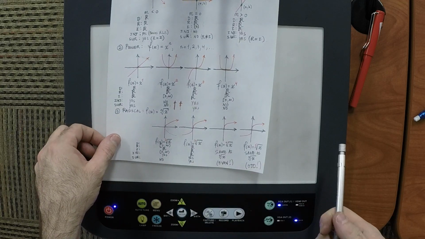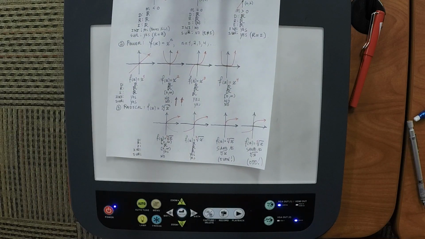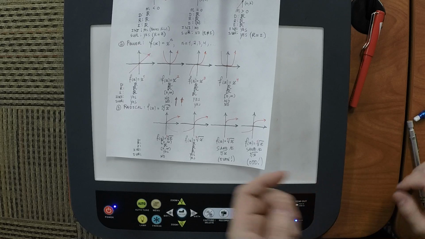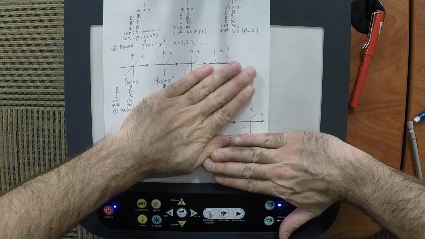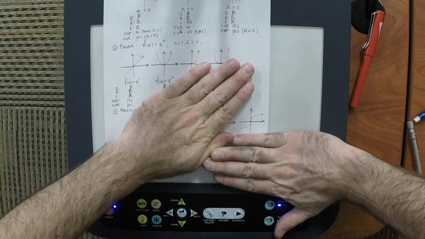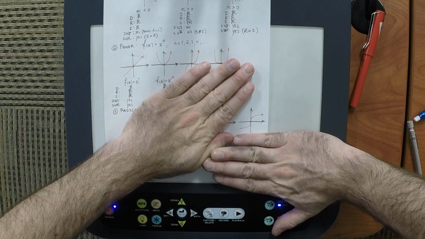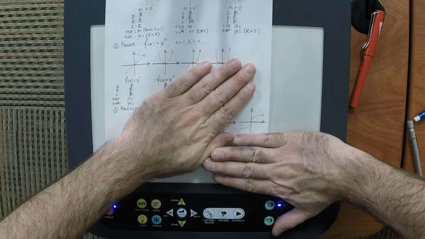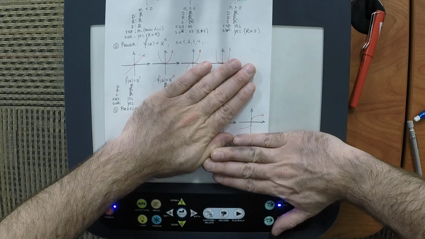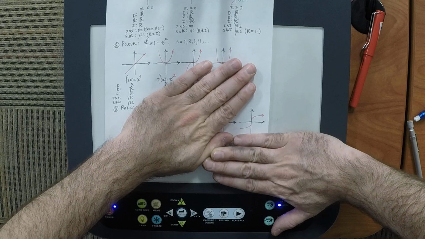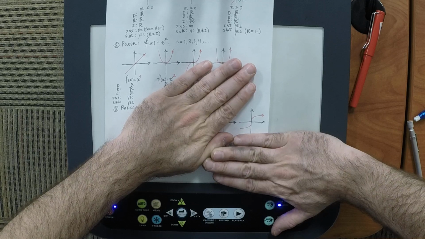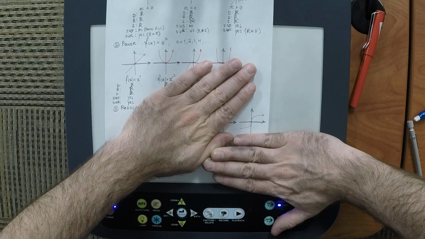This pattern continues. So the kind of thing I might ask concerning this is something like, what if I just hit you with a plot that looks like that, and no other context, and I said, which is most likely to be the function corresponding to this plot? Is it more likely that this is f of x equals x to exponent 11, or f of x equals x to exponent 18?